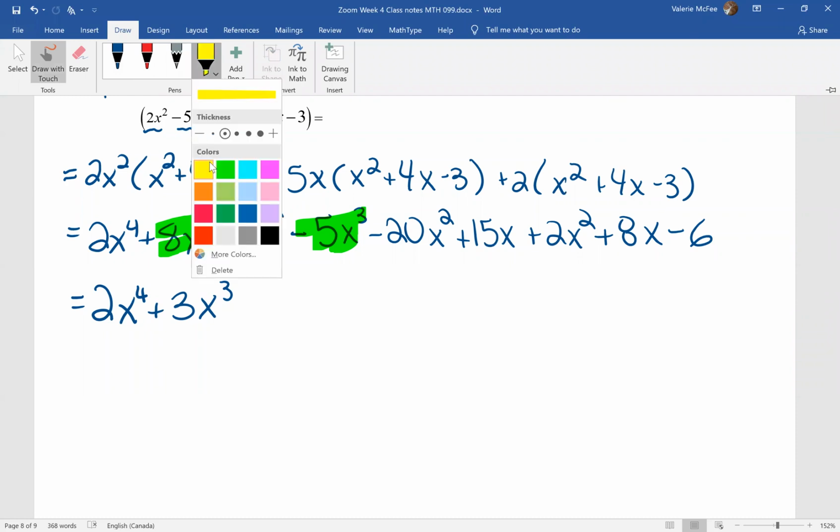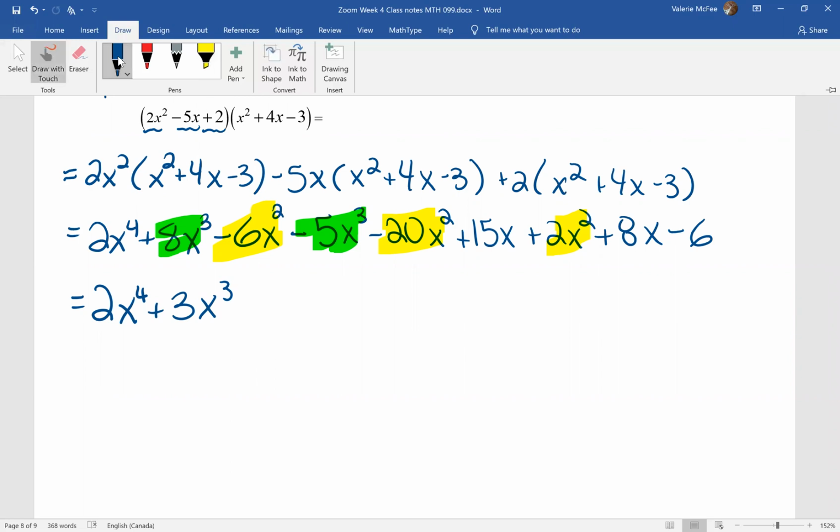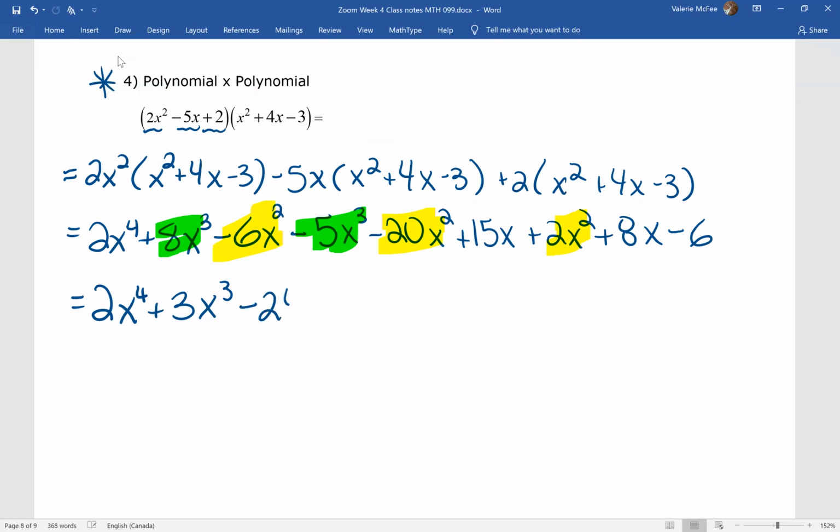Let's find the x squareds. -6 minus 20 is -26 plus 2, -24x squared.